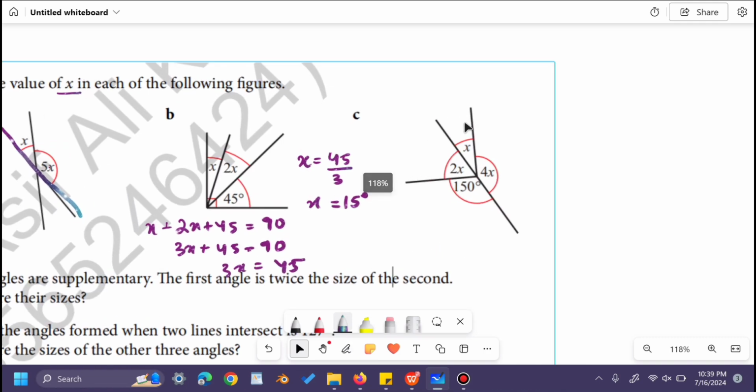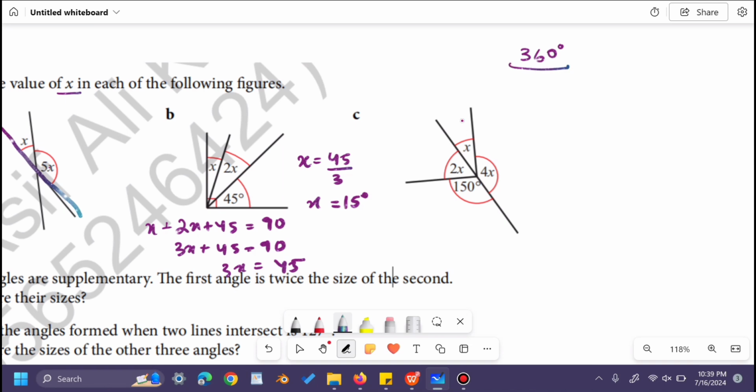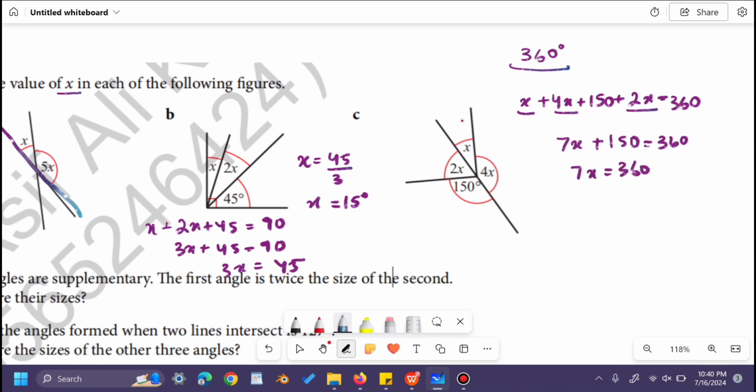Alright, for C part, we have this whole angle and we know कि पूरी rotation जब होती है, one rotation is 360 degrees. So we can say x plus 4x plus 150 plus 2x is going to be 360 degrees. X plus 4x plus 2x, 4 plus 1, 5. 5 plus 2 is 7x. 7x plus 150 is equal to 360 and 7x will be 360 minus 150.